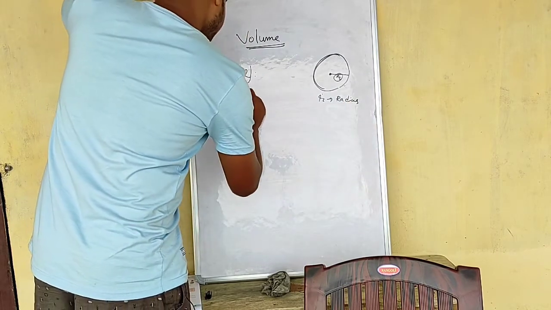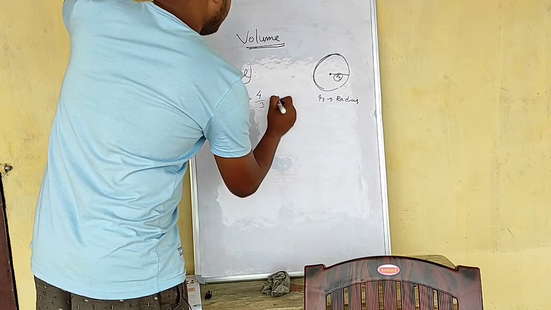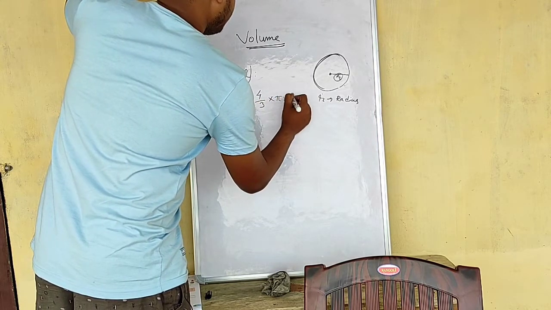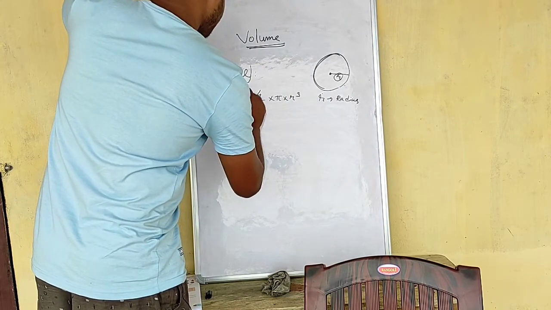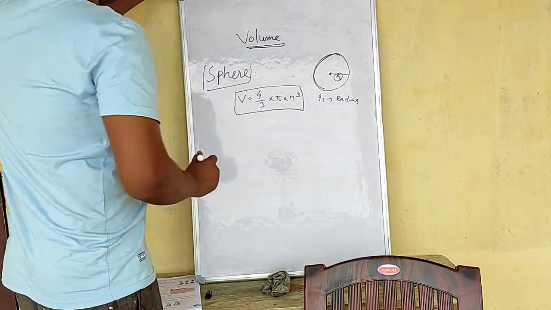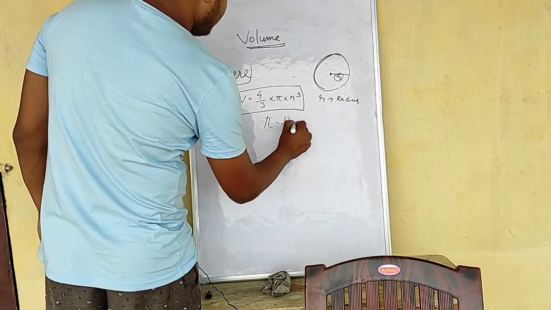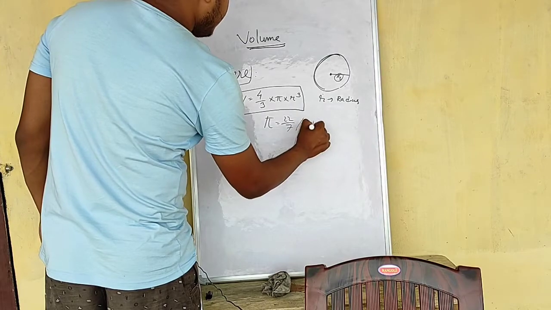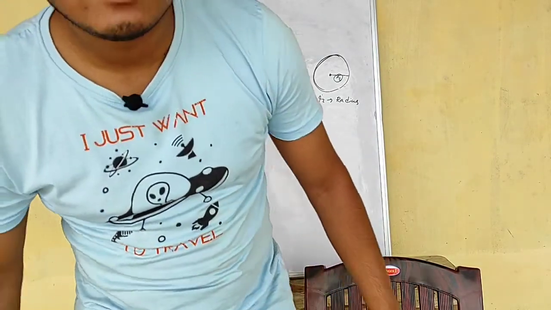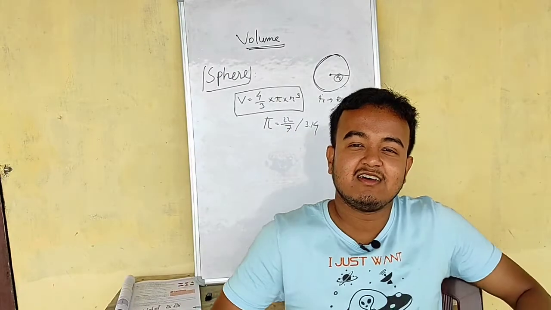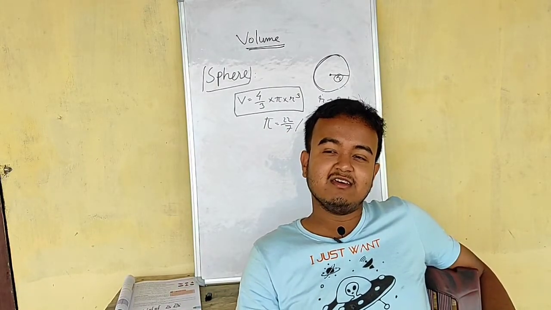So here volume will be 4/3 into pi into r cube. This is the formula for a sphere. And what is the value of pi? 22/7 or 3.14. So student, in today's class we have learned volume of some particular objects, and in the previous class we have learned area of some particular shapes.